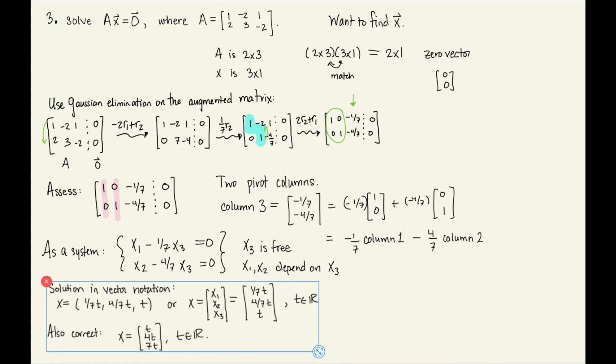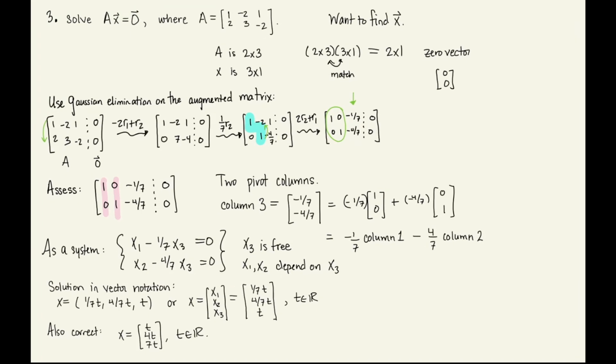A general solution is going to be x1, x2, x3, where, from all of this here, I have that x1 is 1/7 t, x2 is 4/7 t, and x3 is t, where t is the name that I've given to my free variable x3. So that when I write this in vector notation, I have my x1, my x2, and my x3 appearing here as the coordinates of the solution vector x.